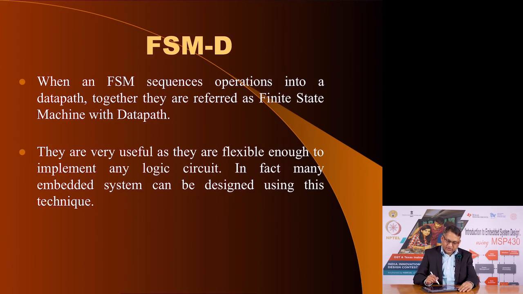The finite state machine sequences operations into the data path through signals called control signals. The data path elements under the control of these control signals perform certain useful operations. They may give feedback back to the sequencer using what we call status signals, and the happy marriage of these two elements will be used to implement a single purpose computer.